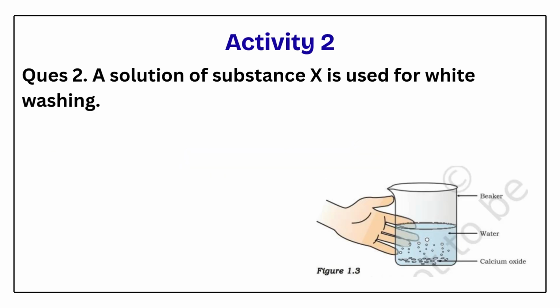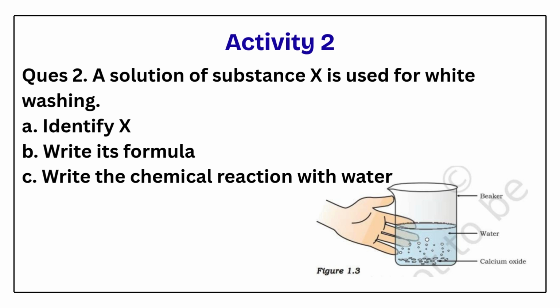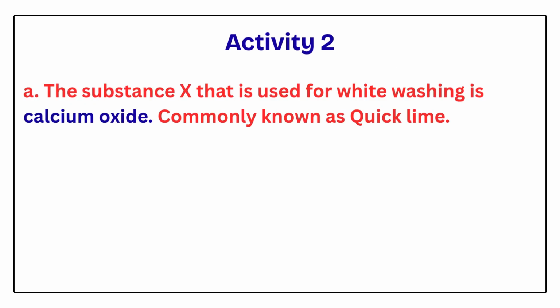Activity number 2. A solution of the substance X is used for whitewashing. Identify X, write its formula, write the chemical reaction with water, identify the type of reaction. So the substance X over here, which is used in whitewashing, is calcium oxide and its formula is CaO.